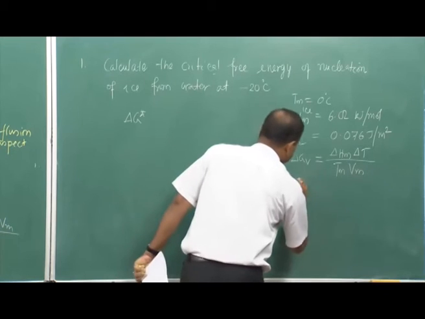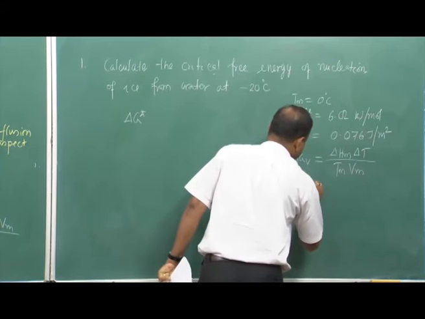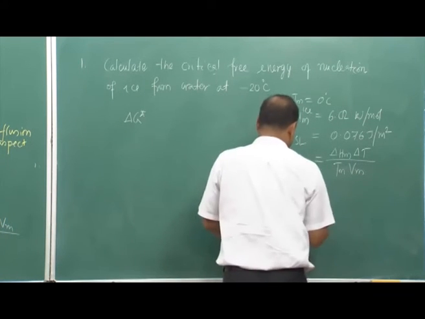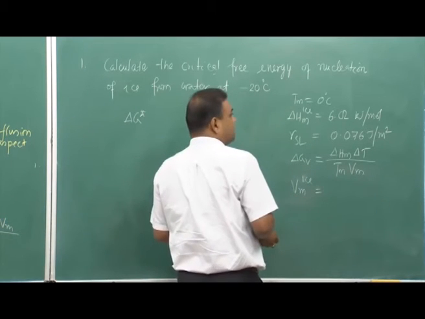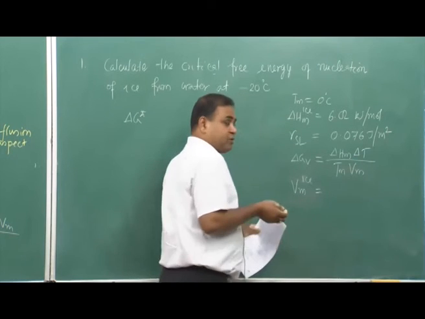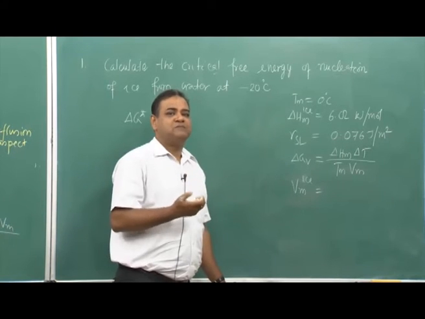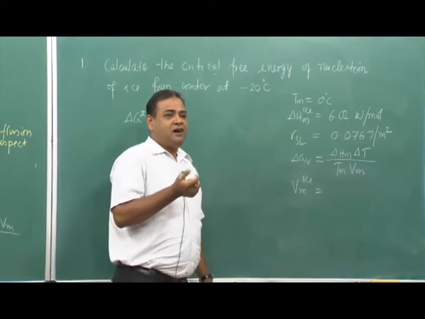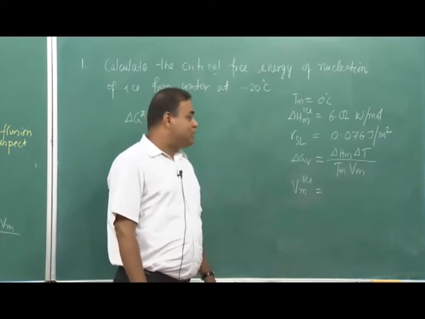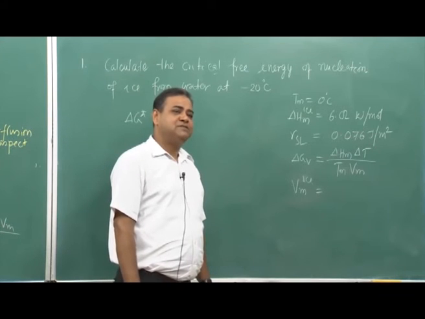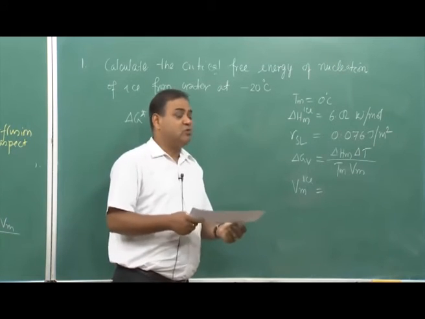Now one data is missing, the Vm of solid, that means ice, is equal to that of liquid, because we are considering that there is no volume difference when we go from liquid to solid. But actually it does not happen, because when liquid transforms to solid, it has a positive volume expansion. So when solid forms, the volume expands, and because of this volume expansion, some interesting thing happens in liquid. If you have noticed, for example, you can do one experiment.